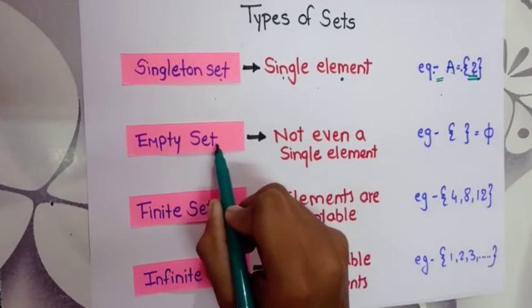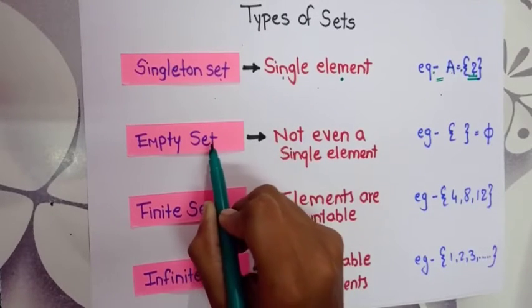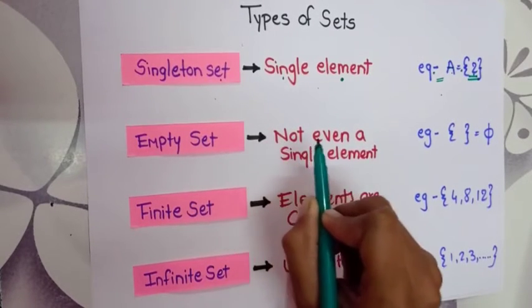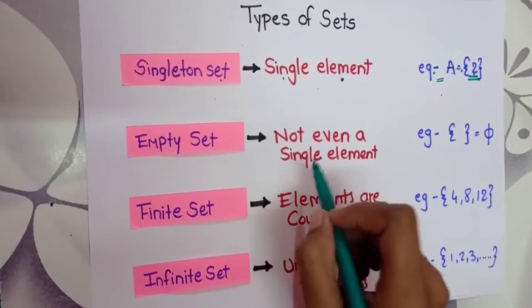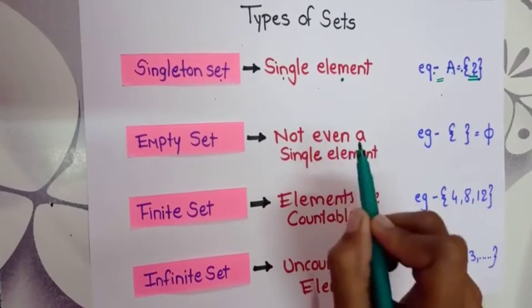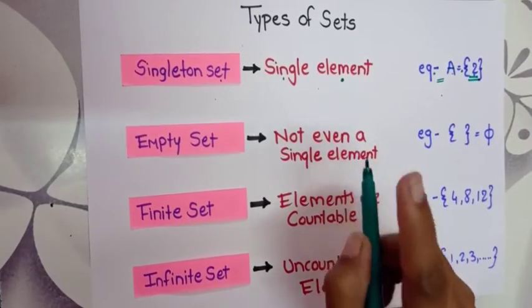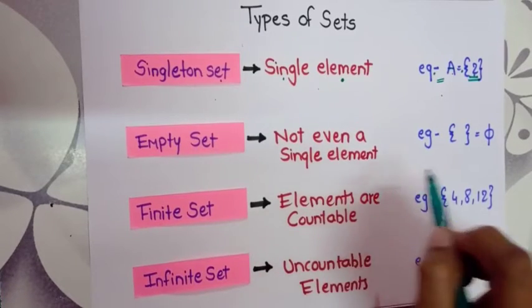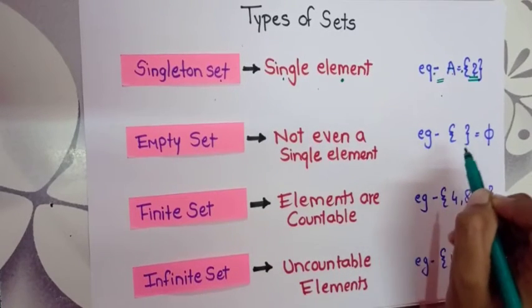Now what is an empty set? Empty set is a set which consists of not even a single element, that is, it is empty, not even 0. 0 is one of the elements in a set, therefore it should not consist of any elements.